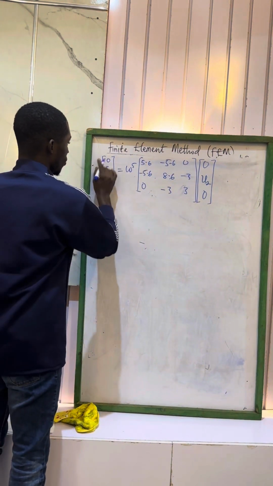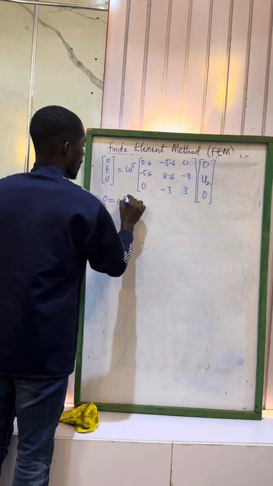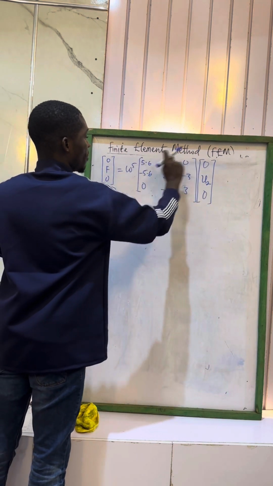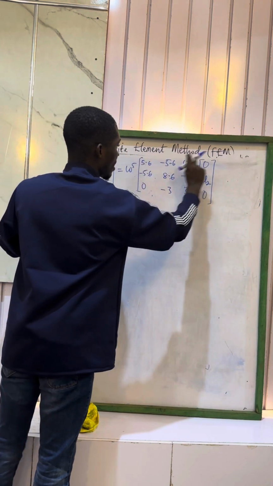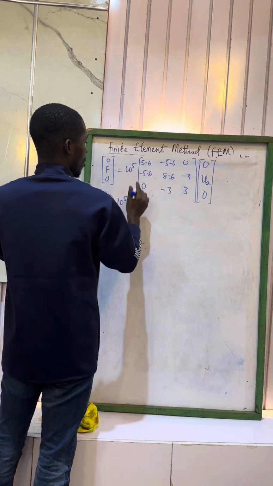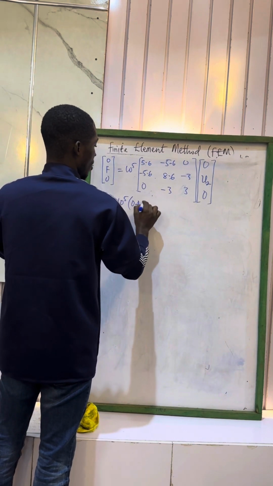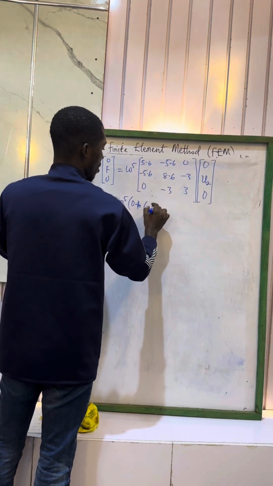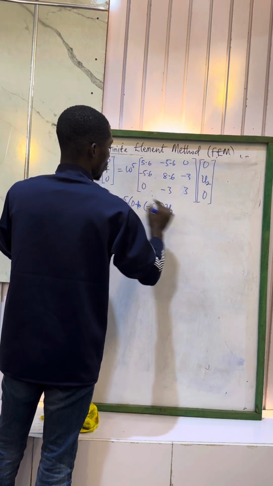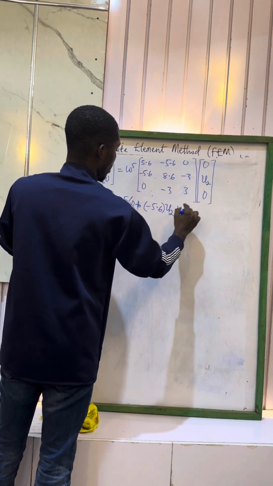Now, from the first row, 0 equals 10 raised to the power 5. Now to do the matrix multiplication, you multiply using the 7 shape. So 5.6 times 0 will give us 0, plus open bracket minus 5.6 times U2, which gives minus 5.6 U2, and 0 times 0 will give us plus 0.